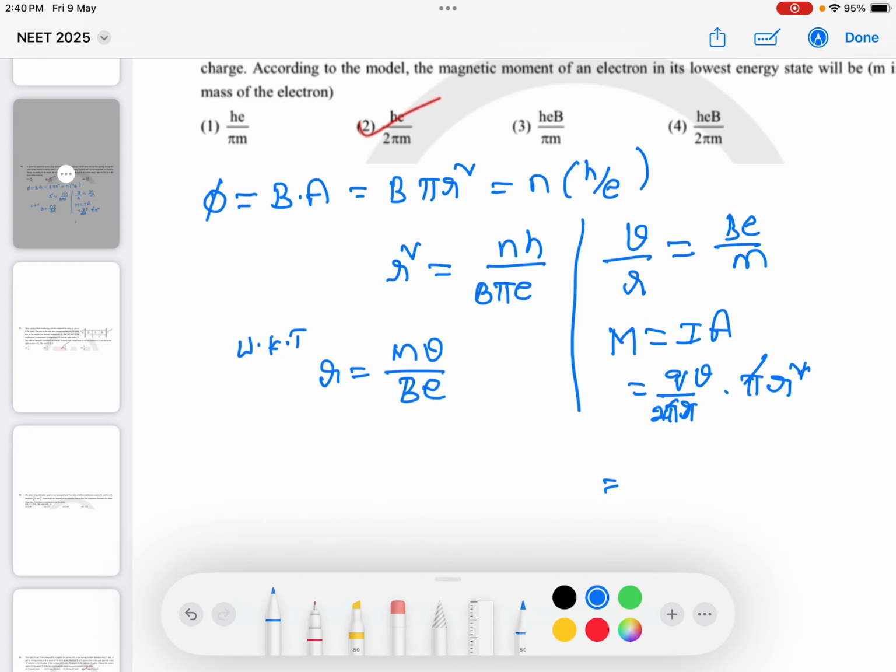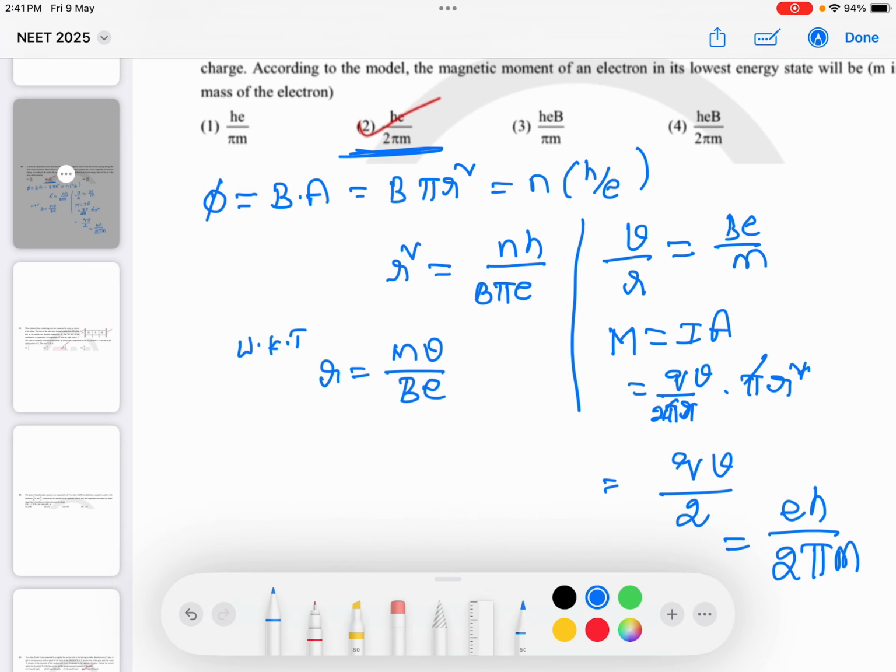Then you get qv divided by 2. Then you can take the v value from the above equation. You get the answer eh divided by 2 pi m. That is option number 2.